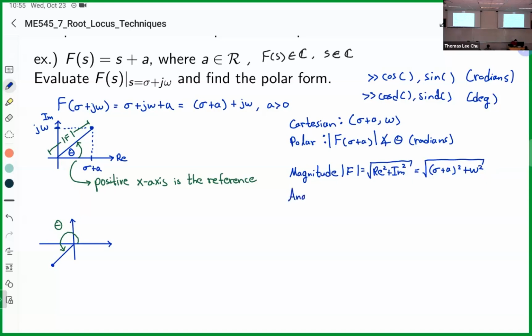Then to get the angle is just going to be the arctan of the imaginary part divided by the real part based off of our graph here, because we're doing the height over the length, which is equal to the arctan of omega over sigma plus A.